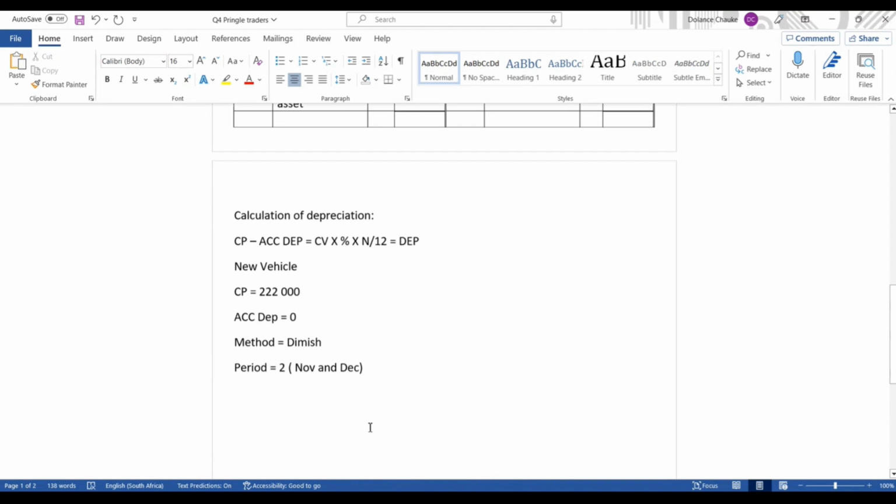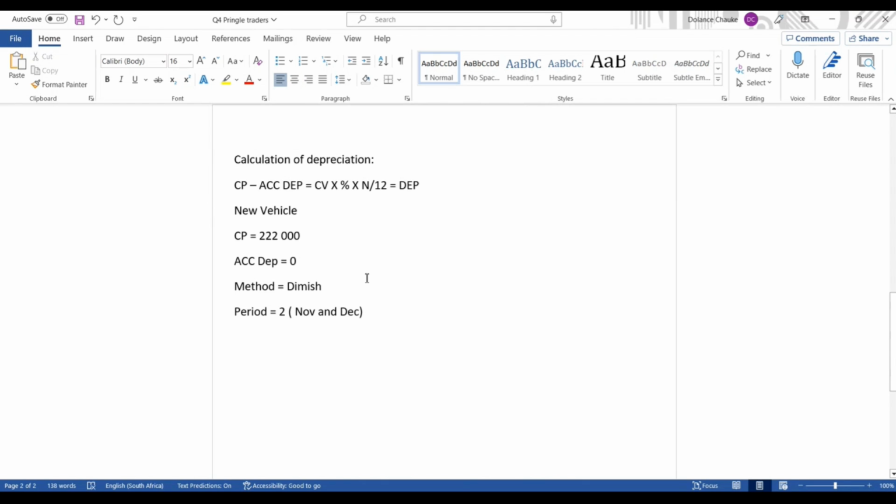So let's proceed. We can calculate this depreciation. Look at the method. The method says the cost price, 2,222,000, multiplied by the carrying value, minus 0 because it's 0.